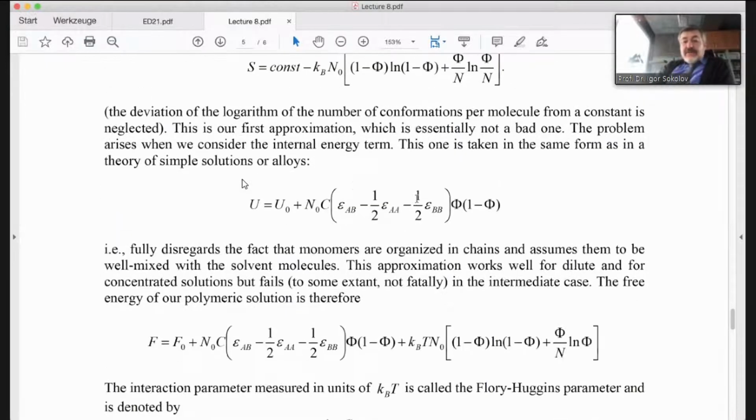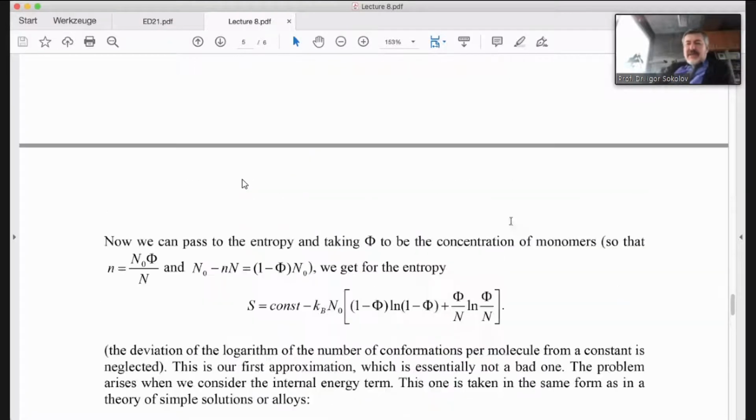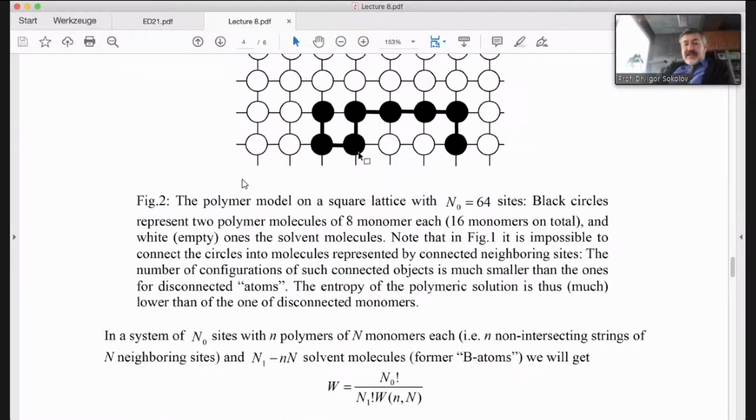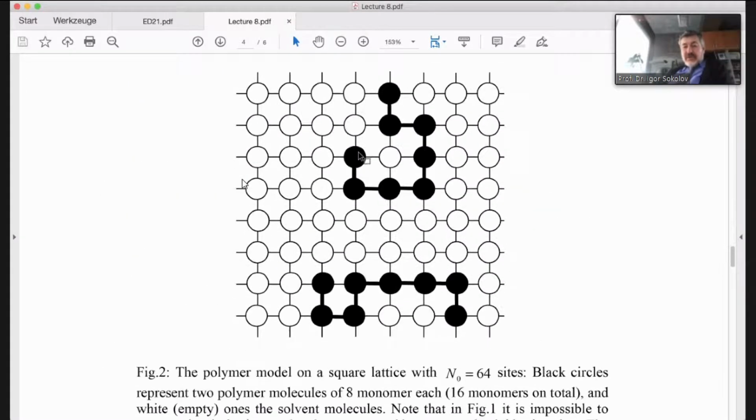And for the time being here, for the internal energy, we, on the contrary, fully neglect that they are on the chain. We say, you know, it doesn't matter. They're still well mixed. So in one situation, we exaggerate the role of the chain because we consider these polymers practically as solid objects, while they are not solid.